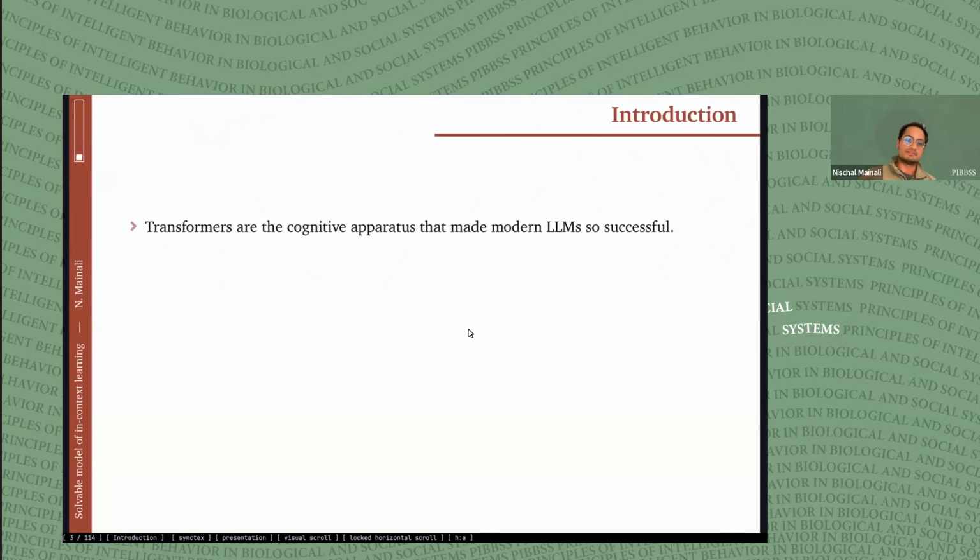Okay, so introduction. The transformer architecture is the cognitive apparatus that has made modern LLMs so successful and increased our concern for its risk and drastically scaled up its abilities that we have seen lately. And they belong to a new family of generative models that don't require strong supervision.